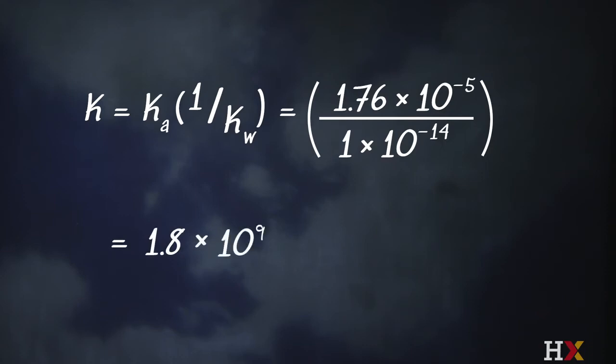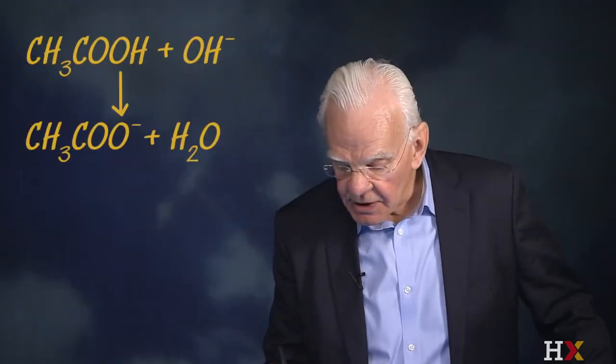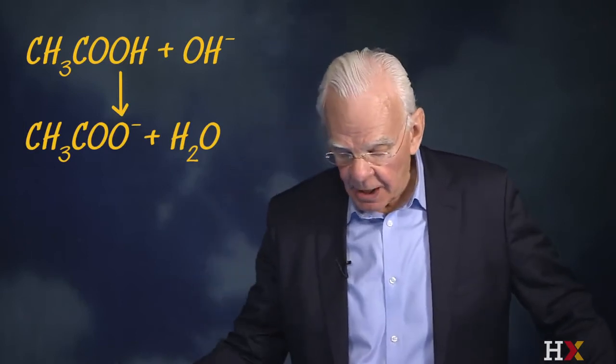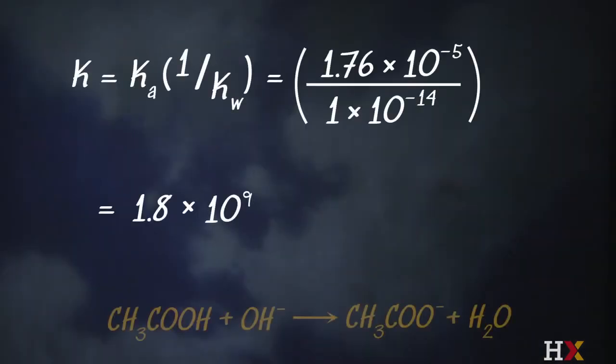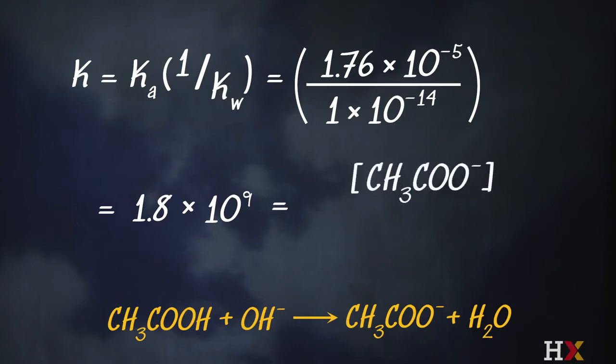an extremely large equilibrium constant. But we also know something else. That's the equilibrium constant for this reaction, the reaction of the acid with the added base. And so we can write down in terms of the concentrations exactly what that equilibrium constant refers to, because the product of that reaction is the acetate anion, CH3COO minus, and water is the other product, so pure water, of course, drops out of the equilibrium expression.